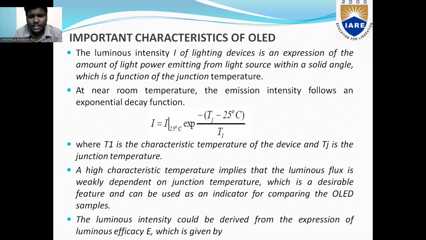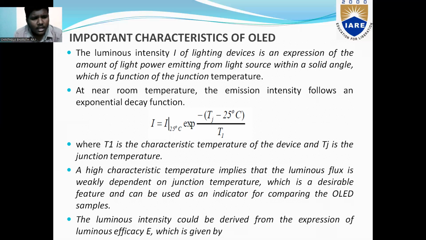The luminous intensity of a lighting device is an expression of the amount of light power emitting from a light source within a solid angle, which is a function of the junction temperature. Near room temperature, the emission intensity follows an exponential decay function, that is I equals I0 exp(minus (Tj minus 25 degrees) by T1), where T1 is the characteristic temperature of the device and Tj is the junction temperature.